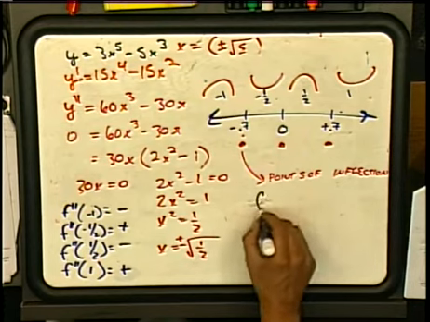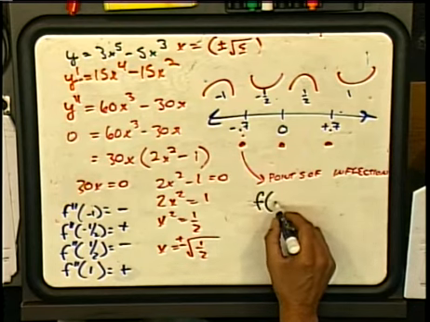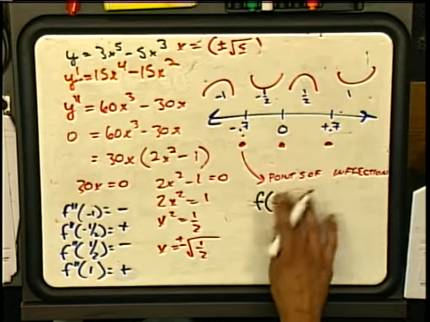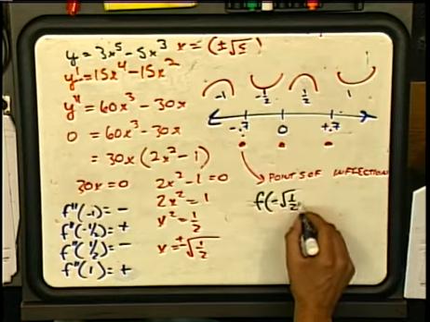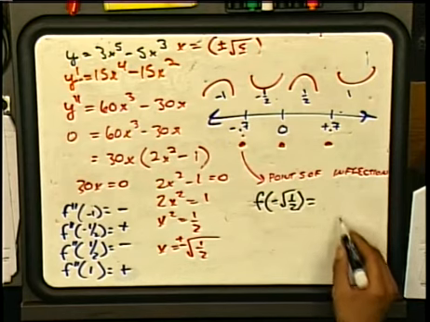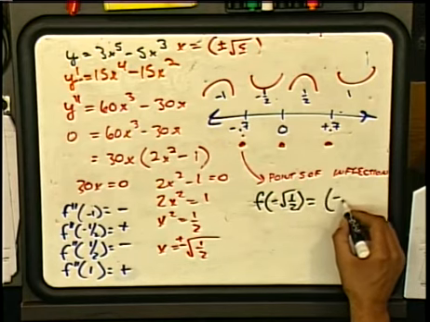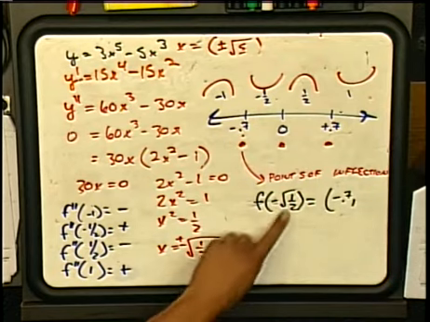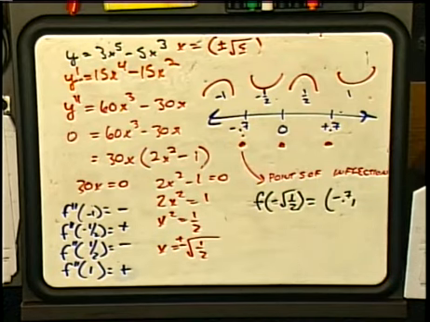So you would do this, f of negative 0.7, or negative 1/2 square root of 1/2, equals, and the other value, that's your inflection point, whatever this is. So 3x to the 5th minus 5x cubed.